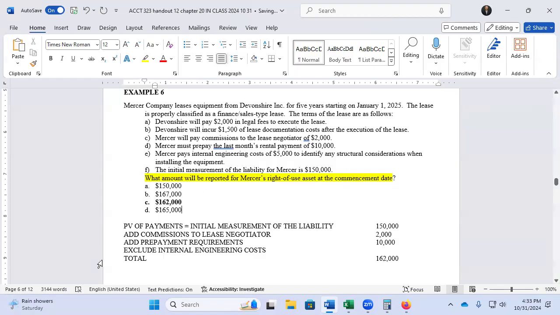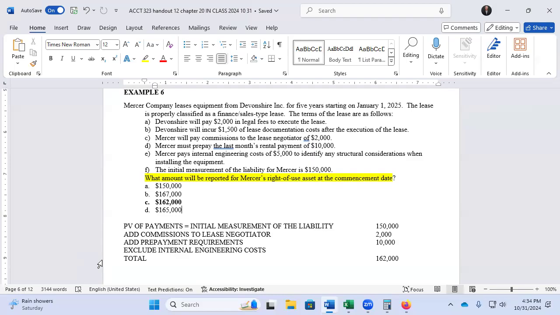Now, one of the ways I kind of keep that in my head is if we were to own it, we would be able to report that $5,000 there, the engineering costs to prep the building. And so on a normal process, if we're buying that, we can capitalize that 5,000.